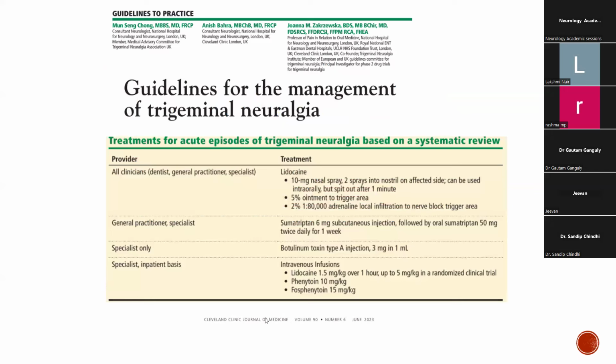And the Cleveland group gives the treatment as follows: lidocaine can be used either as a 10 mg nasal spray, 2 sprays into the nostrils on the affected side, and it can be used intraorally but spat out after 1 minute. A 5% ointment can be applied to the triggered area, and 2% lidocaine with 1:80,000 adrenaline local infiltration to the nerve block trigger area can also be used.